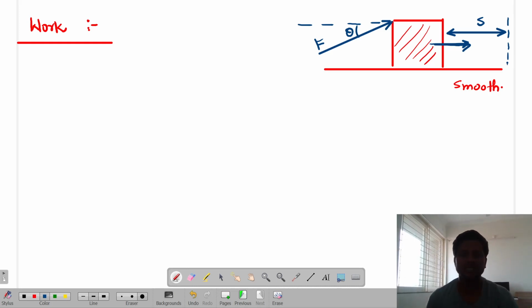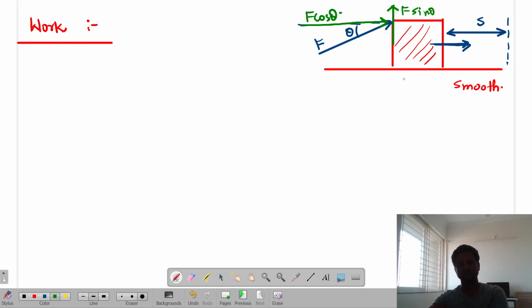Basically, there are two things happening over here. This force has two components. One is along the vertical direction, F sin theta, and one is along the horizontal direction, that is going to be called F cos theta. Now the work, it was told, is how much amount of physical change has been brought.